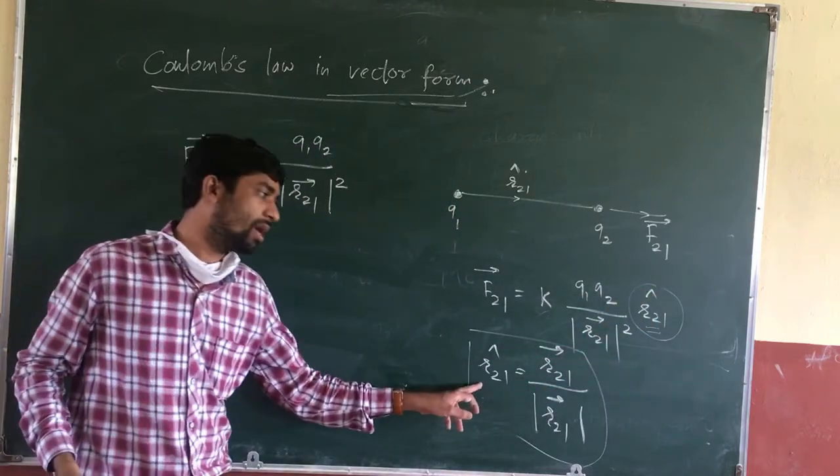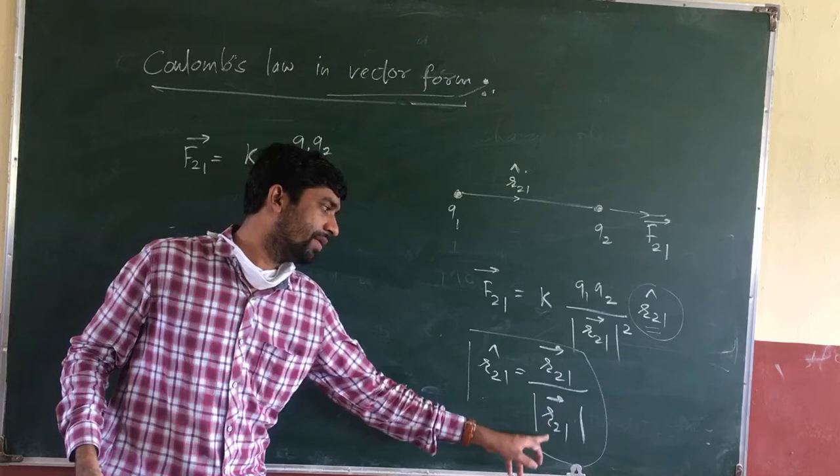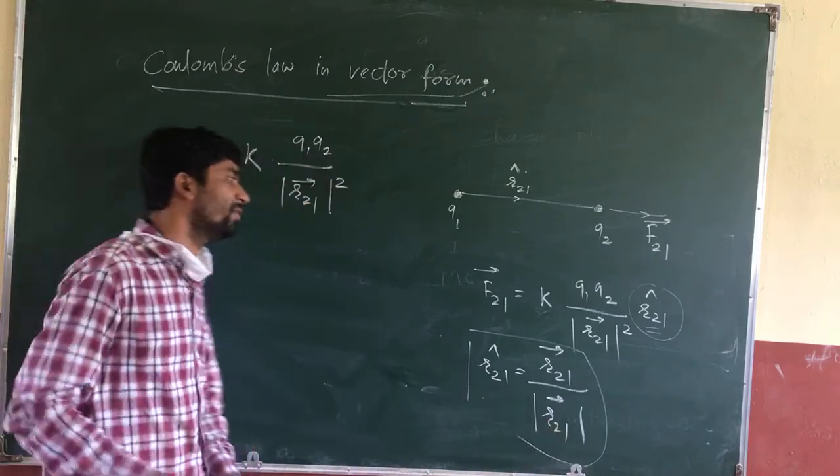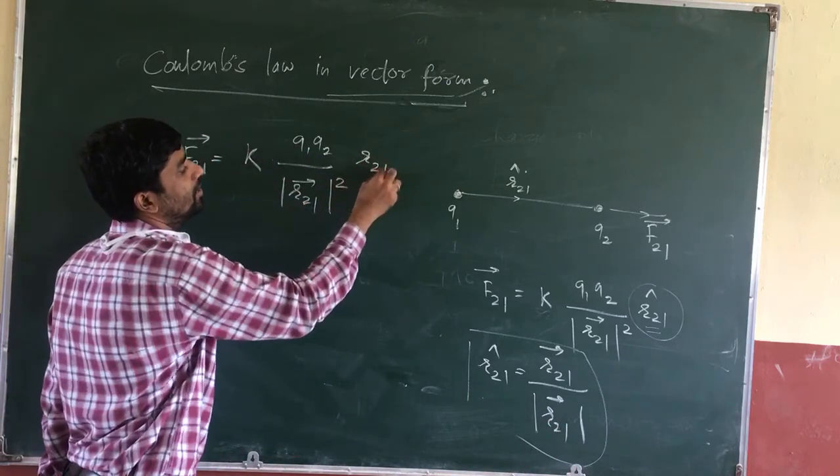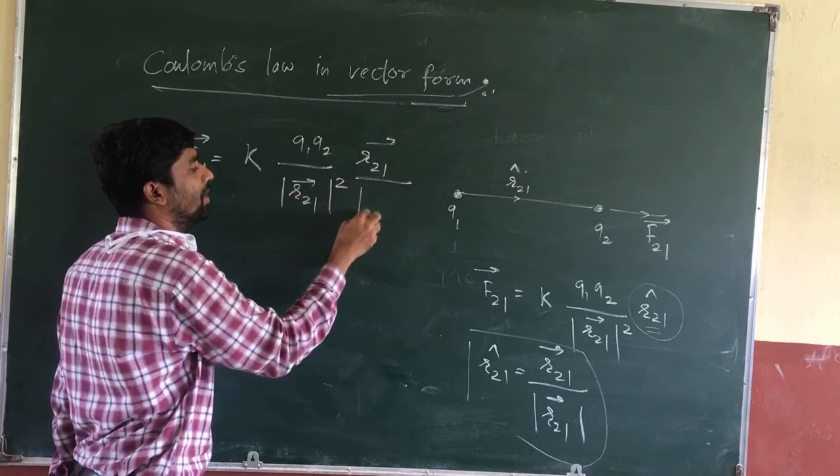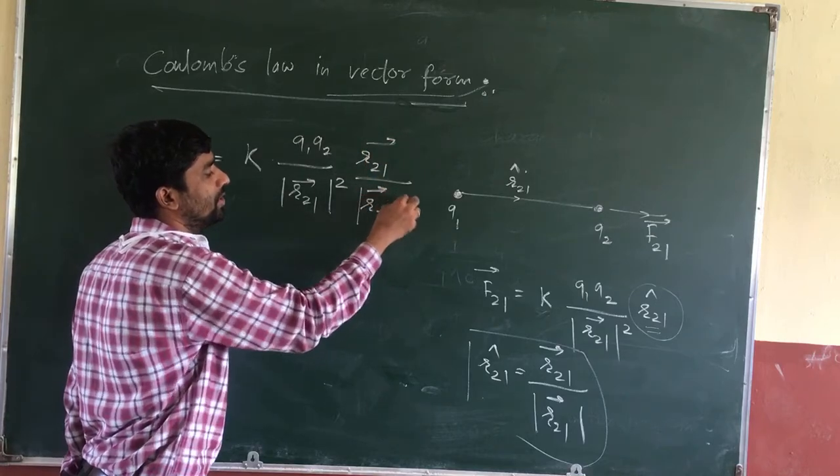But what is the unit vector R21? It is R21 vector divided by the magnitude of R21 vector.